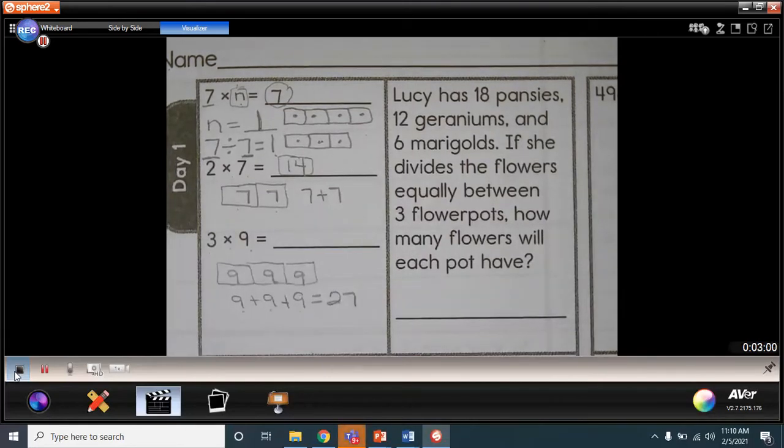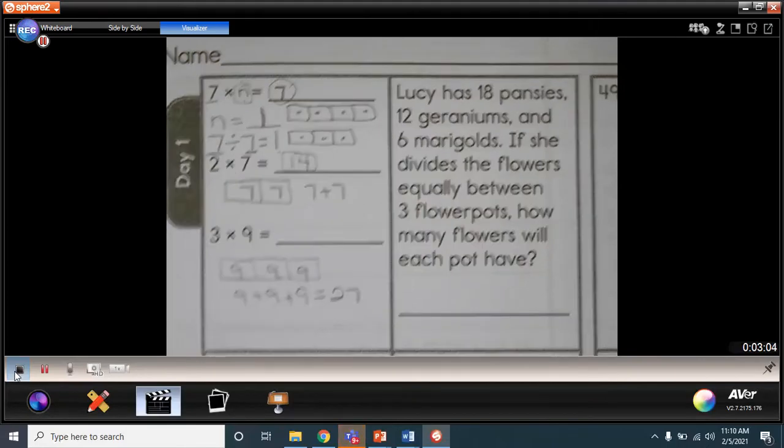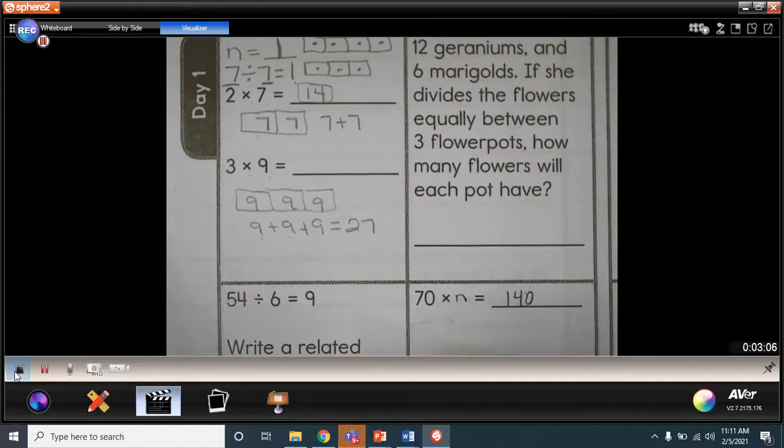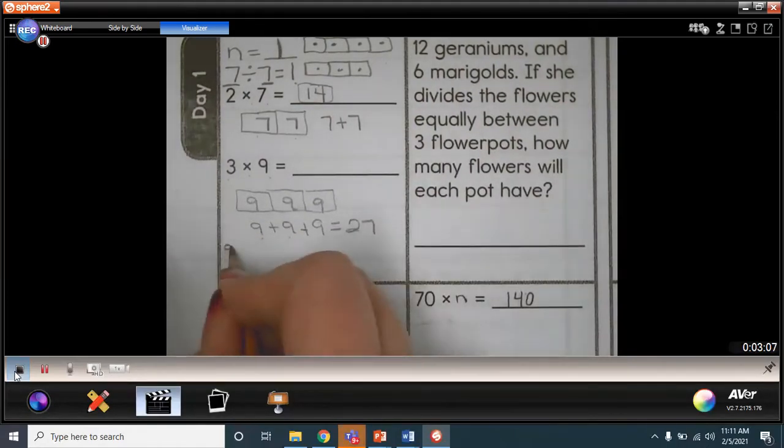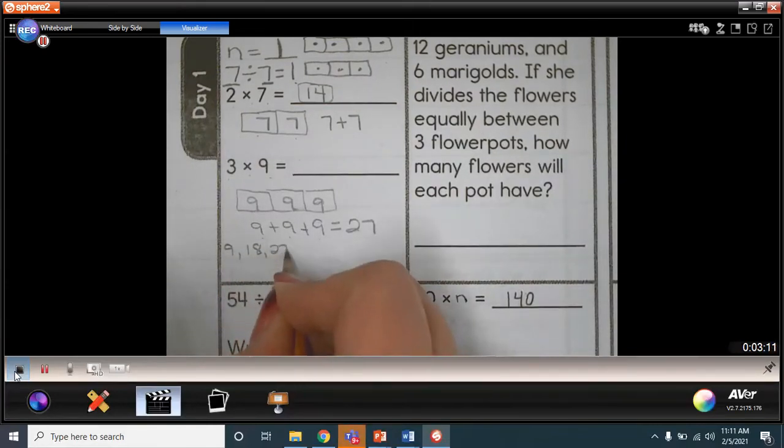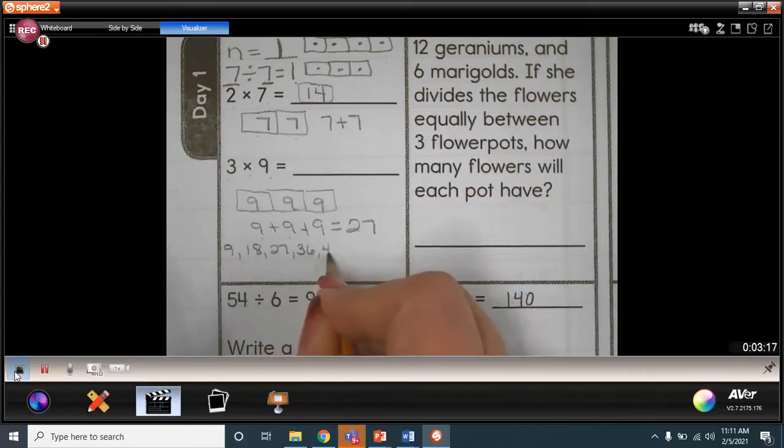And remember, we did talk about the pattern of 9s. If you remember our pattern of 9s, it starts off with 9, 18, 27, 36, 45.